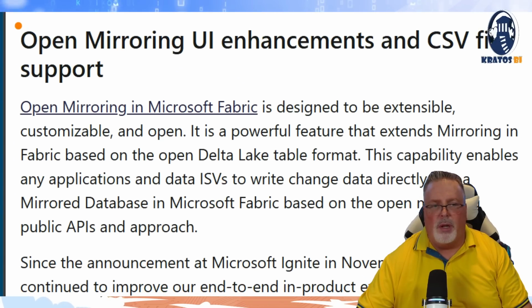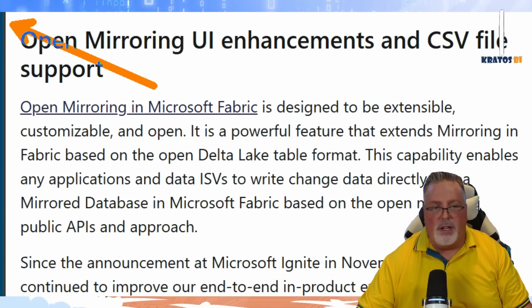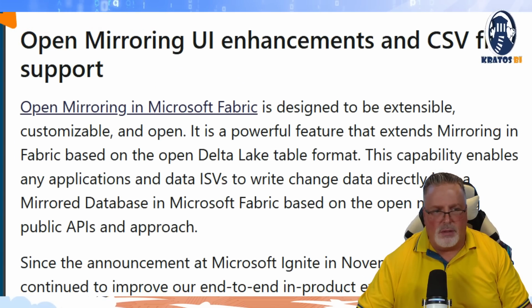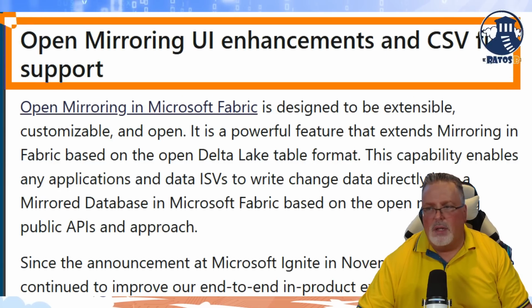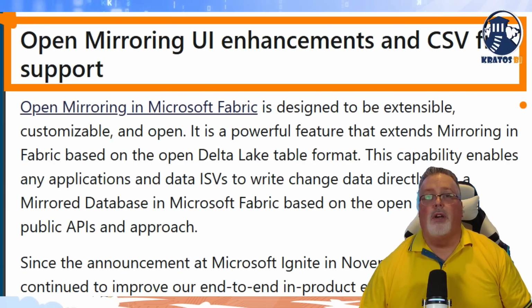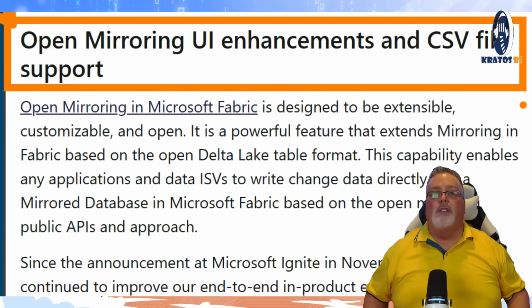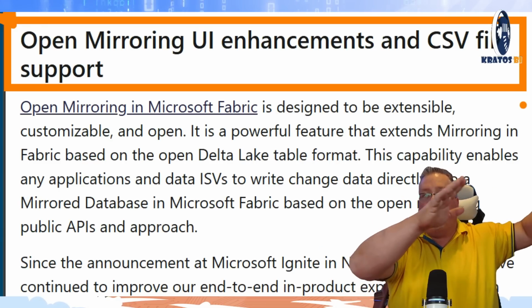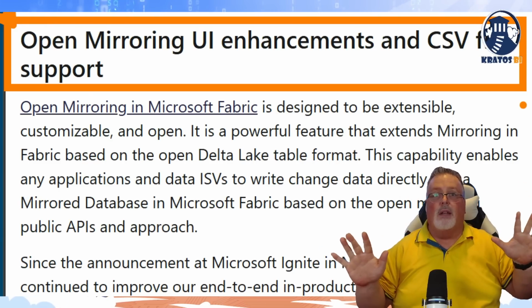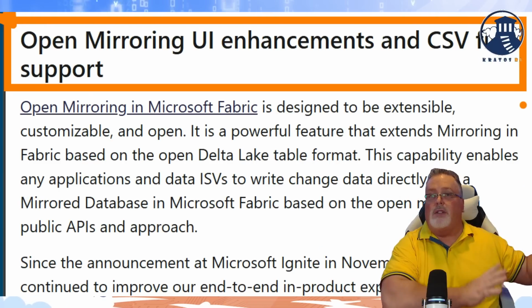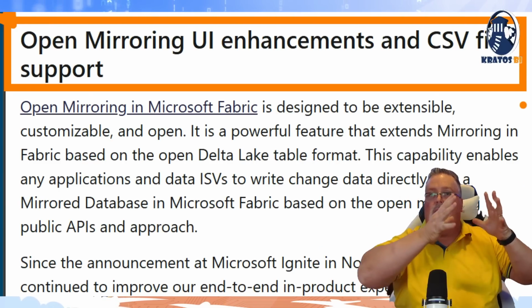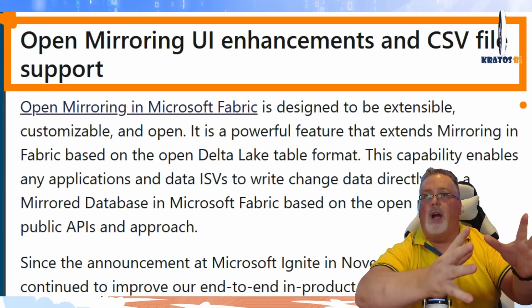So the open mirroring. This is if you're defining your own mirroring, because this is something that's possible, right? Regardless of Microsoft, let me start again. Microsoft has some defined sources that you can mirror out there, right?